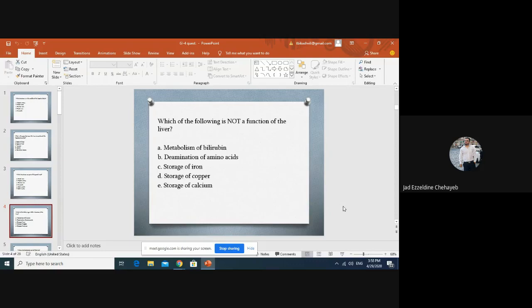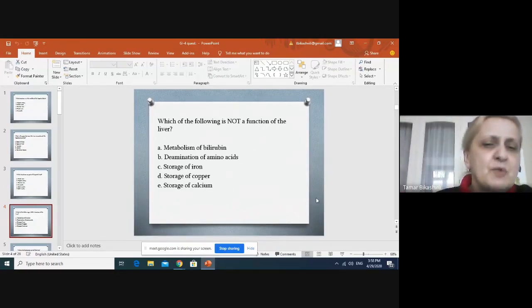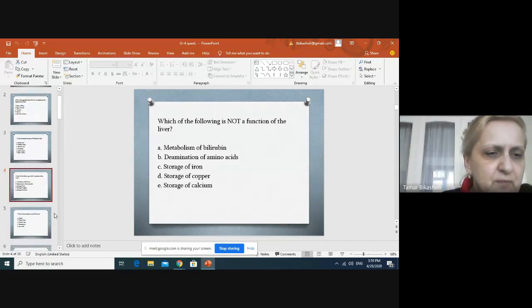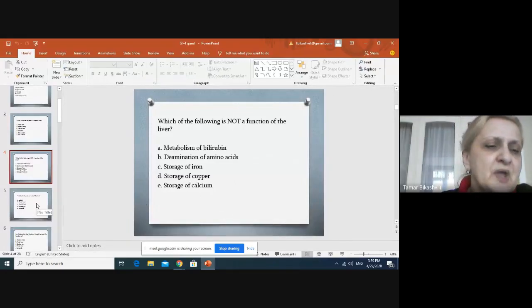Storage of calcium, of course, is the function of bone tissue. Yes, the storage of calcium, not the copper, is the correct answer.